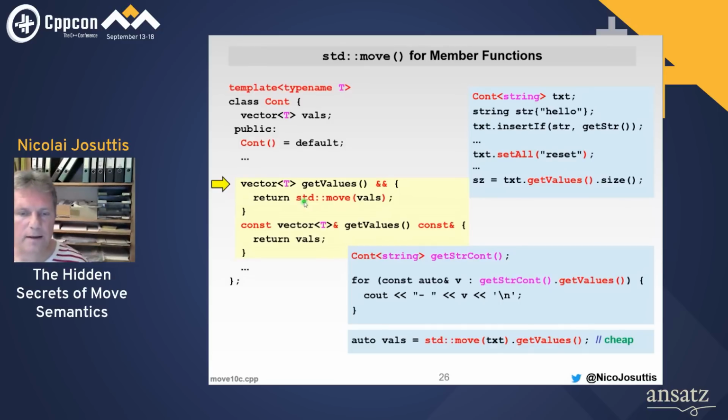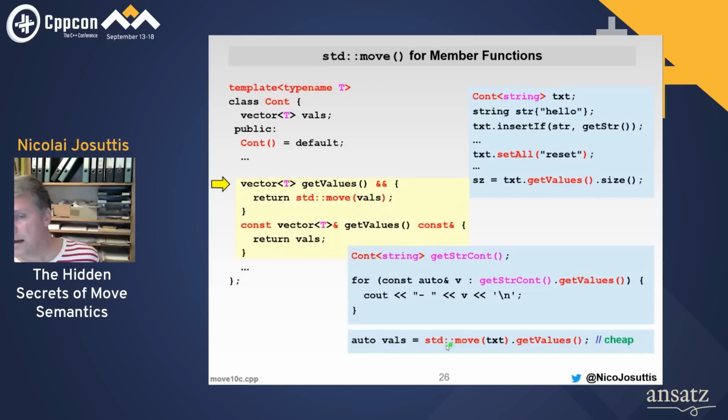So, let me finally show you that if you have this support, then it's a good idea to mark your object with move if you call get values and you no longer need this object. That makes this call cheap. So you move out the values as a vector of strings to here.